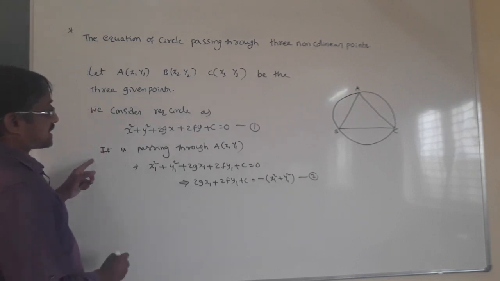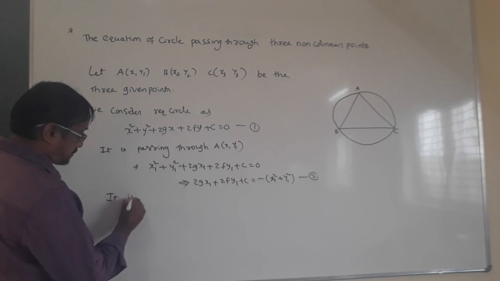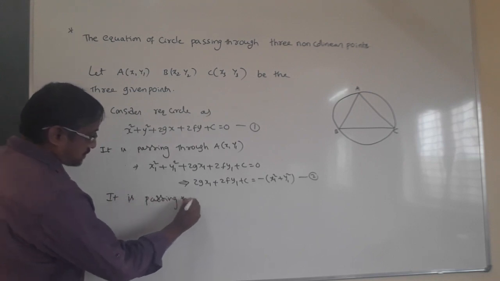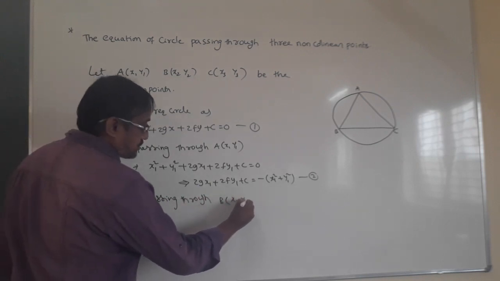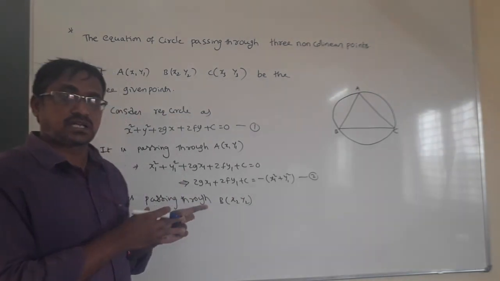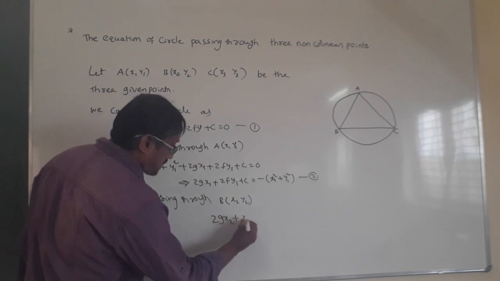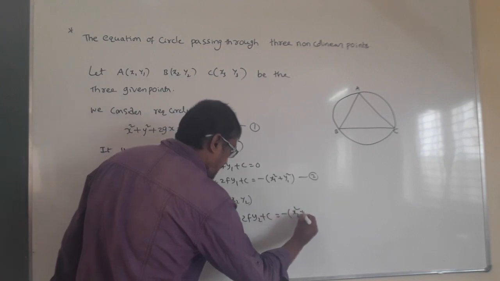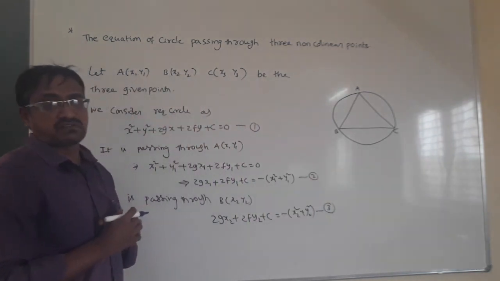Now this circle is again passing through B(x2, y2). Again you have to substitute that point in that circle. You will get another equation 2gx2 plus 2fy2 plus c is equal to minus of x2 square plus y2 square, which is equation 3.